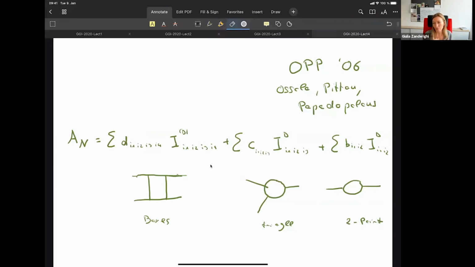And if you make clever choices, you start evaluating amplitudes where these C's and B's are 0, you start extracting the D coefficients, then you look at this amplitude, subtract the D part, extract the C coefficient. So you build essentially a triangular system, and then you can really extract these coefficients essentially without doing loop integrals.